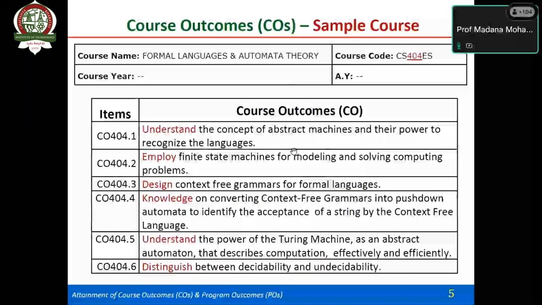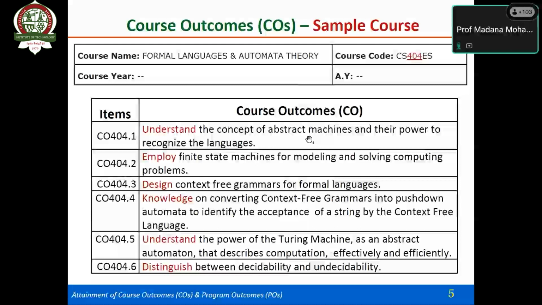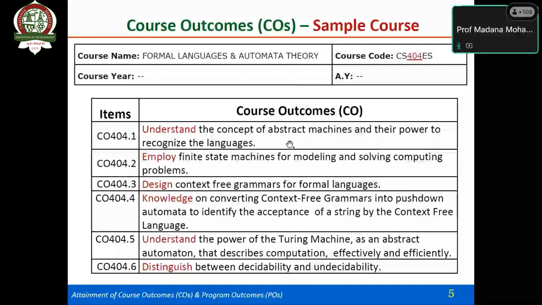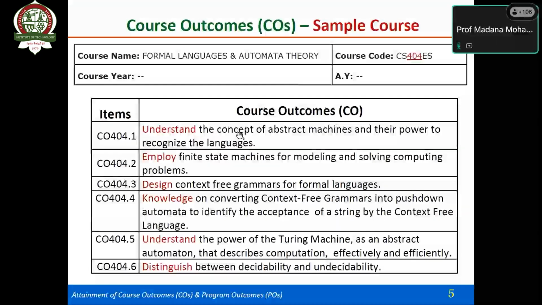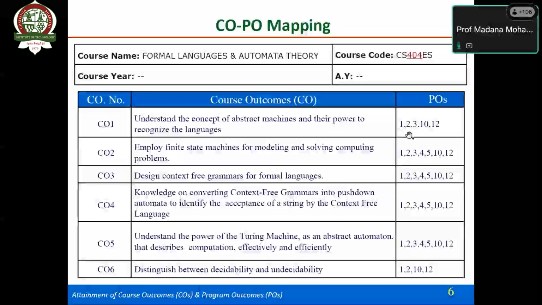This is actually a computation mathematical model: how the computer functions inside is based on this concept of abstract machines, and every abstract model has its power to recognize or accept. So engineering knowledge and mathematical knowledge are compulsory here. That's why CO1 is related to PO1.